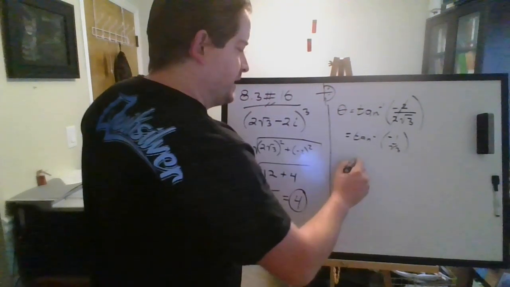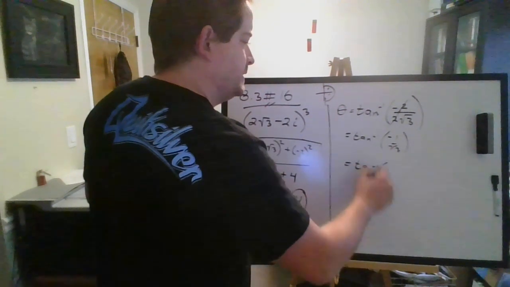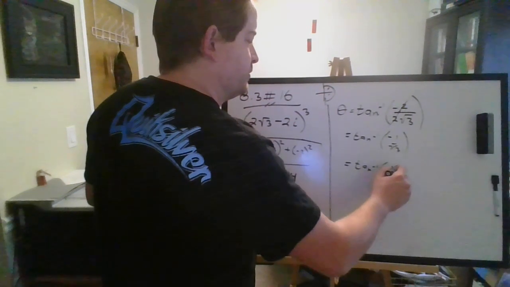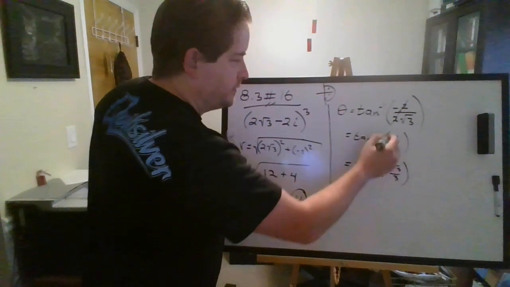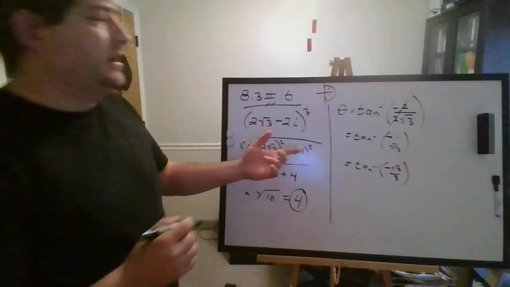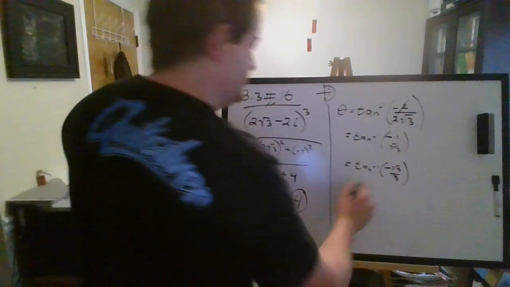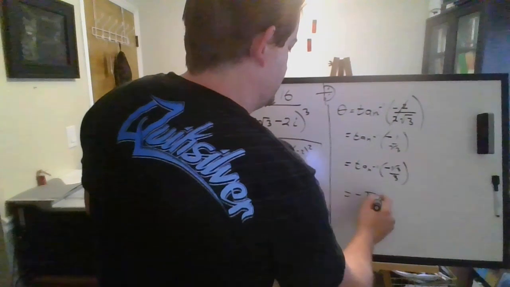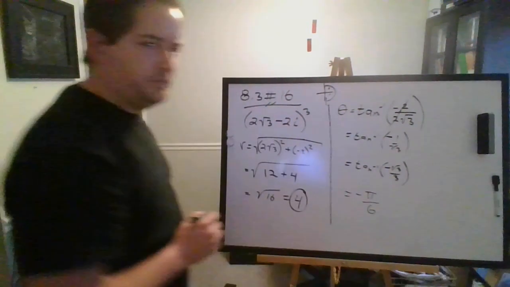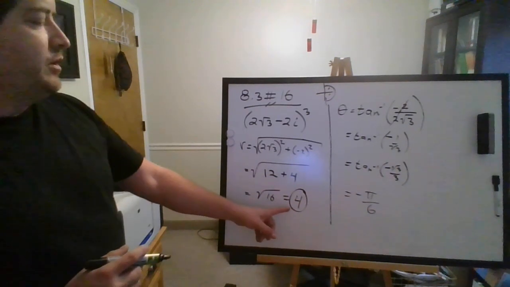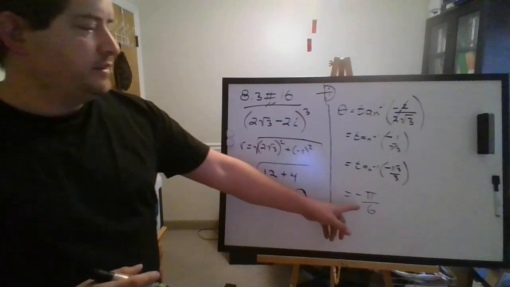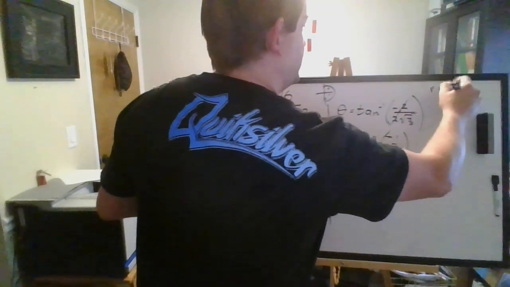But that's the same thing as the tan inverse of negative root 3 over 3 if we're to rationalize that denominator. And that's negative pi over 6. So I need the board space, so I'm going to erase this, but I'm going to note that my r is 4 and my theta is negative pi over 6. Maybe I'll write it up here in the corner.